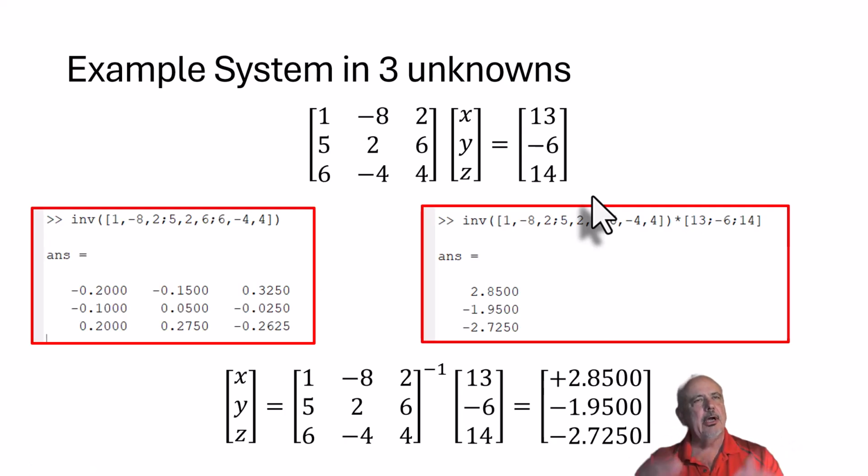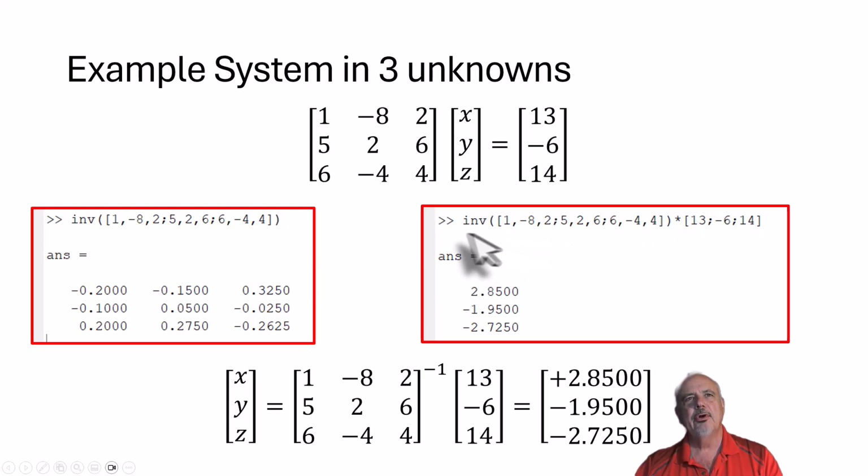Okay, so this is how it might look if you were going to do this in MATLAB. You could first of all get the inverse by using the inverse function. Here's how I put in the matrix. It's 1, minus 8 and 2, and then a semicolon to end the row, and then 5, 2, 6, semicolon to end the row, and then 6, minus 4 and 4 to end that third row.